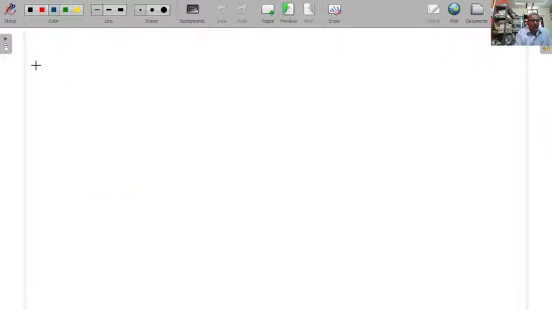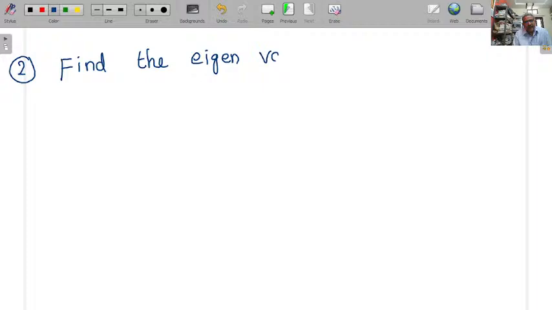Okay, now let us move to the second question. Find the eigenvalues. Tomorrow we shall have a discussion about eigenvectors. Eigenvalues of the matrix 5 4, 1 2.